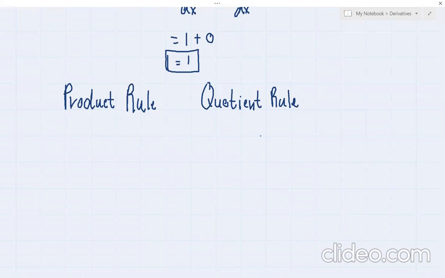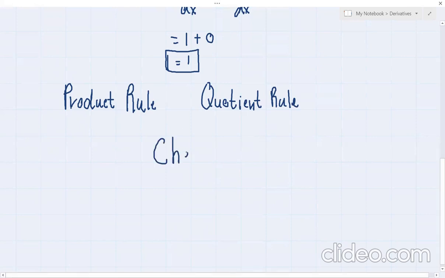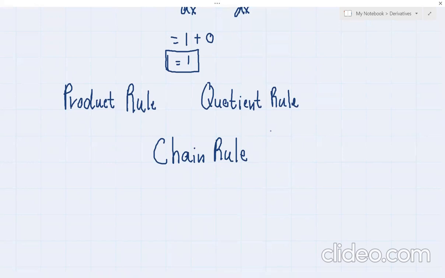Kasi after we discuss those, we will discuss yung tinatawag natin na chain rule. Chain rule of differentiation. If product rule talks about the product between two functions, quotient rule talks about the quotient between the two functions, chain rule naman talks about composite functions.